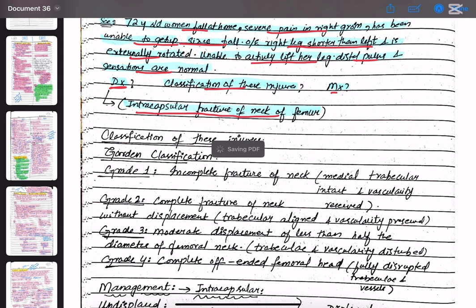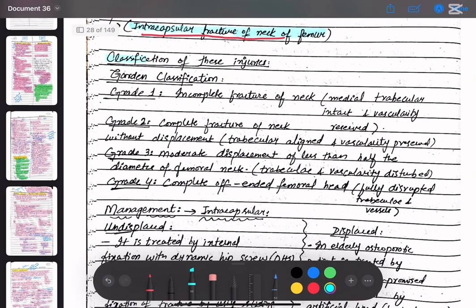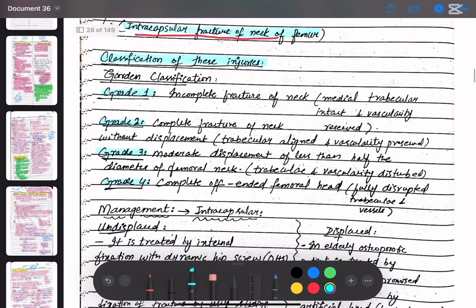In the Garden classification, we have grades: grade 1, grade 2, grade 3, and grade 4. Okay, 4 types of grades are present. In grade 1, the fracture is an incomplete fracture of the neck, medial trabeculae intact and vascularity is preserved.